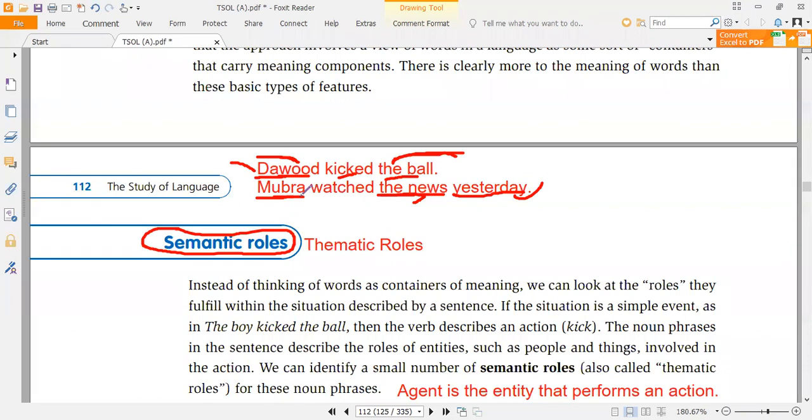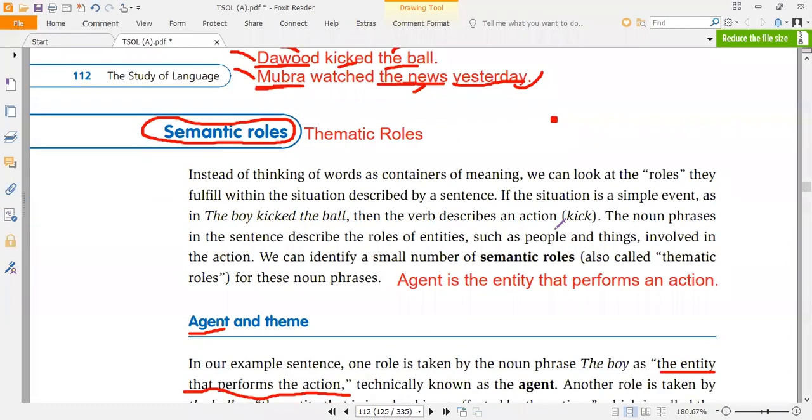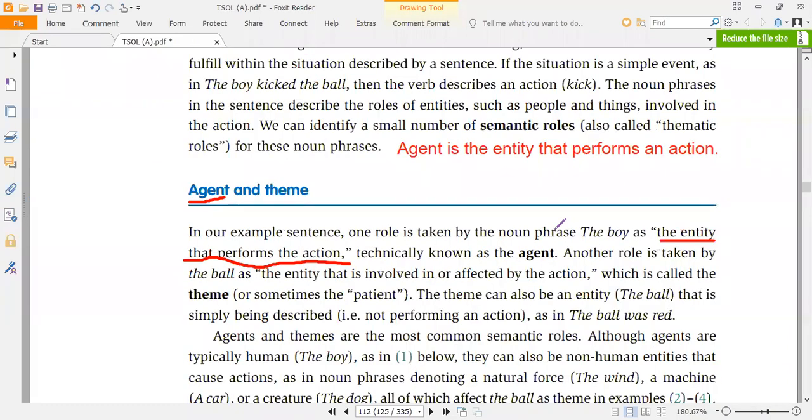So who is the doer of the action? Mabra is the doer of the action. So Mabra is the agent here in this example, right? This is what we mean by agent. It's very simple. There is no complexity in agent.